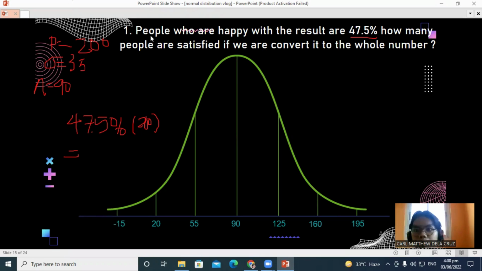So going back, 47.5% times 200 is 95 people. So 95 people are happy of the results that are given prior to the legalization of marijuana.